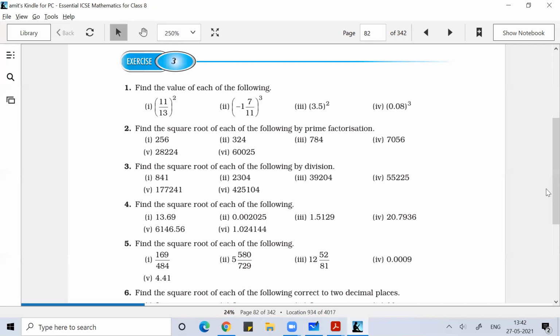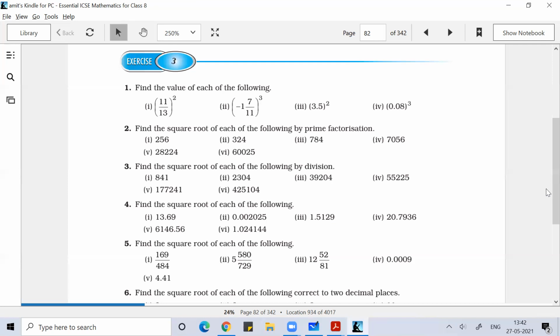How do I do this? Maybe. Sir, the fifth one, the fourth one is 55225.